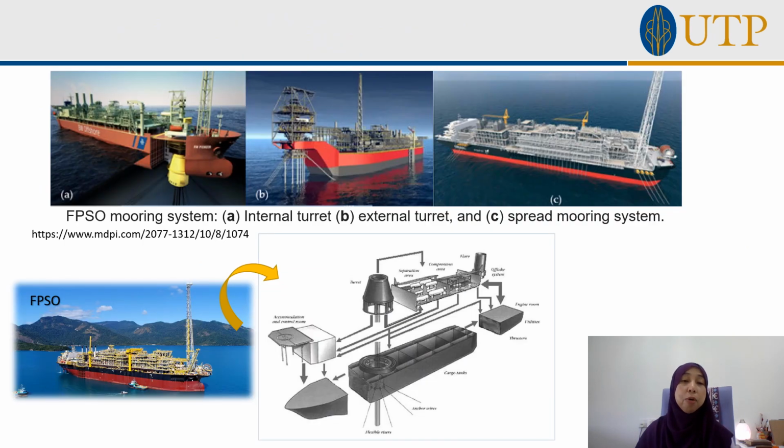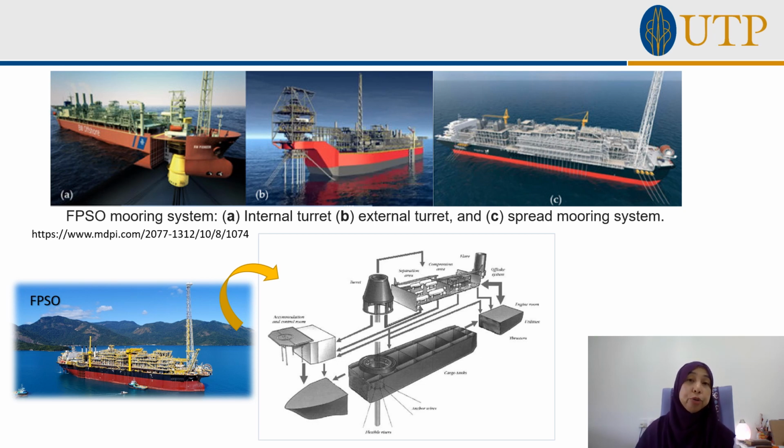So this is the compartment that has been dismantled, for instance. So you will be able to see the area of storage, area of drilling. There is a turret, and on the upper part of that, you will see different FPSO mooring systems by the turret system, because this can be the internal turret. So this is the external turret, and it can have a spread mooring system.